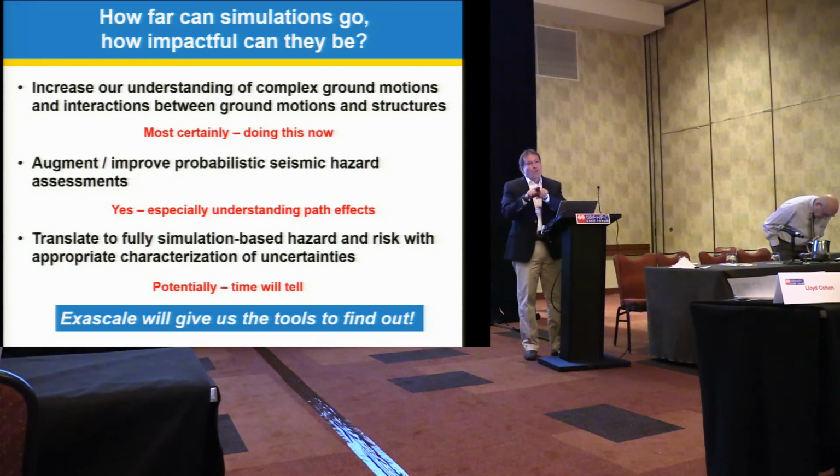So we just had a paper where we looked for the first time with these simulation tools, how does the plant response vary if you have realistic three-dimensional input motion versus one-dimensional vertically propagating shear wave? And it does vary. There is a big difference. So simulation will allow you to address both of those problems, both a distributed one as well as the problem you just described of a high-value critical facility at a given location on the Earth.